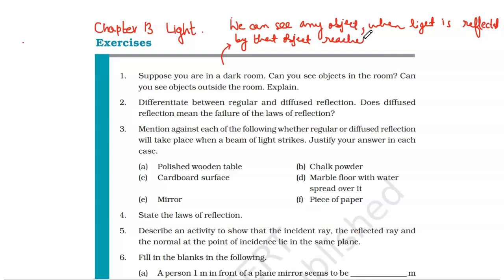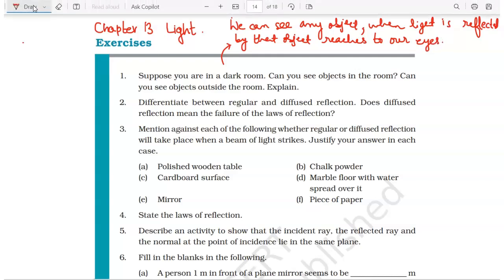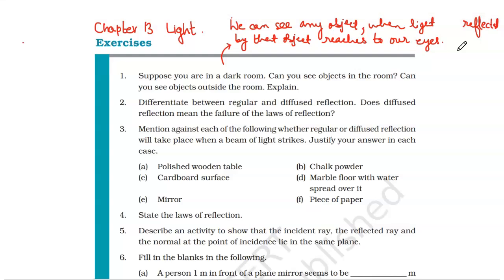When light reflected by that object reaches our eyes. All right, so this is the main fundamental of our sight, why we see objects.